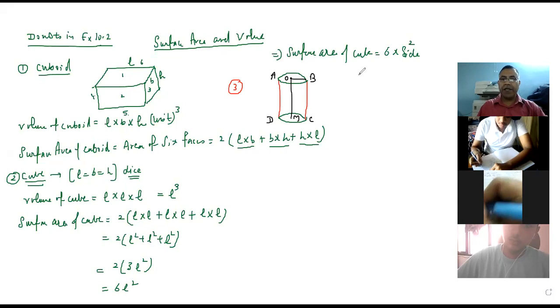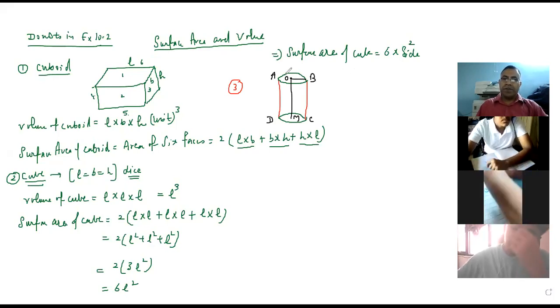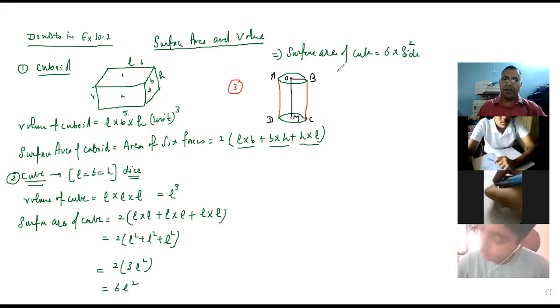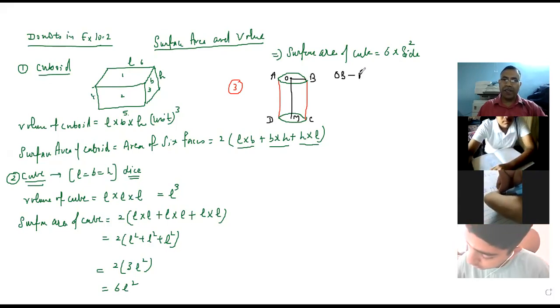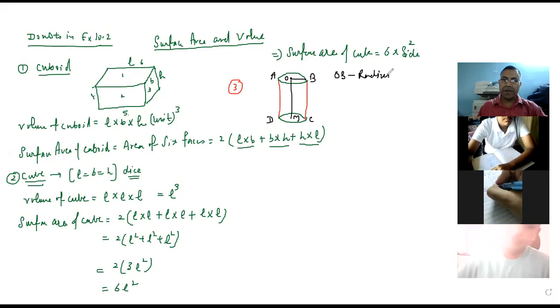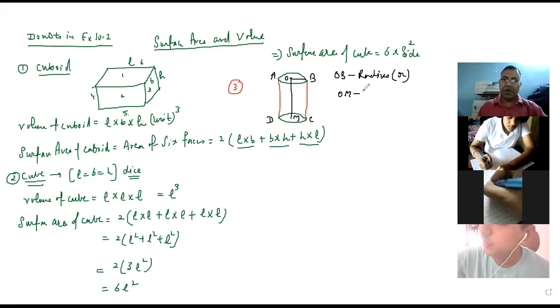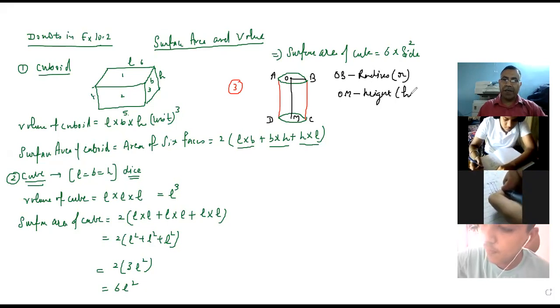I have made it with two colors intentionally. One is a circle which is represented by AB, another is a circle which is represented by CD. OM is the height of the cylinder and OB is the radius of the cylinder. So OB is the radius, I will denote it by R. OM is the height, I will denote it by H.